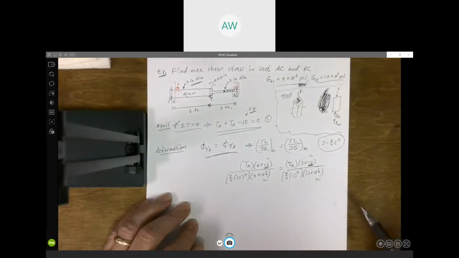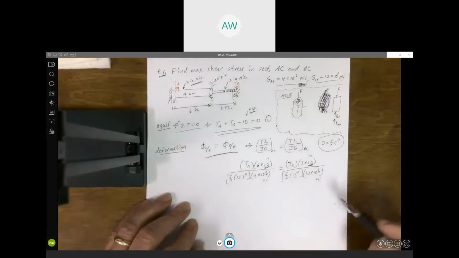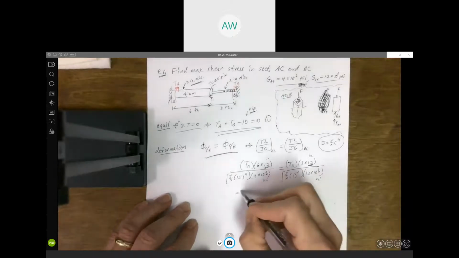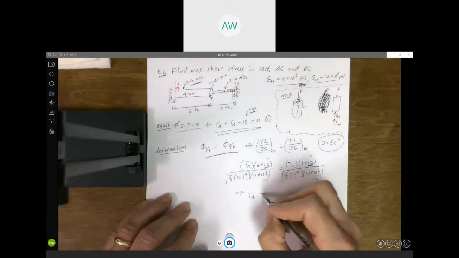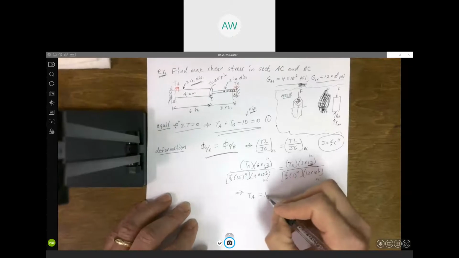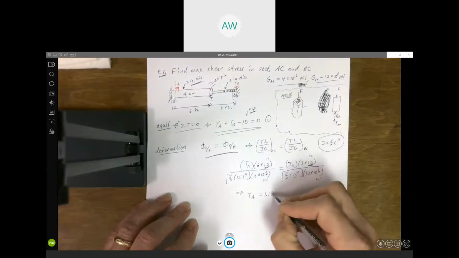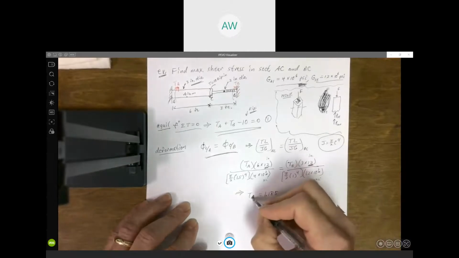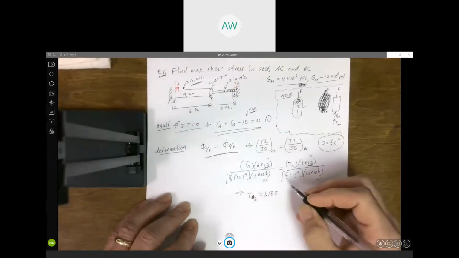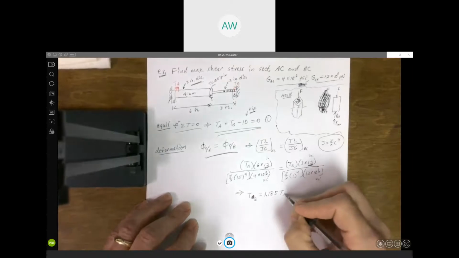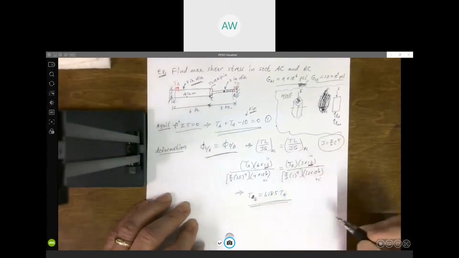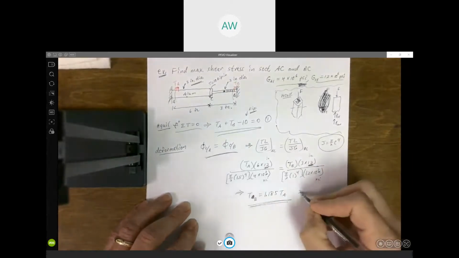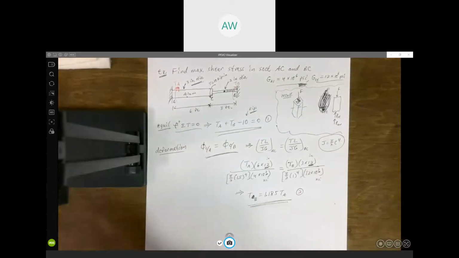Okay? So anyway, crunch all those numbers out, and I got, actually I got to solve for TB. It is 1.185 times TA. There's my second equation.